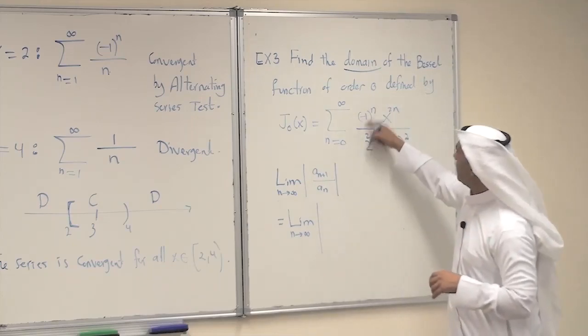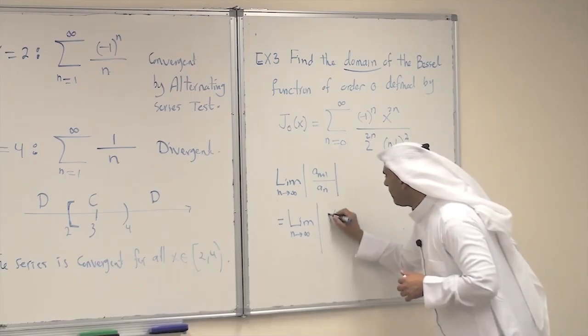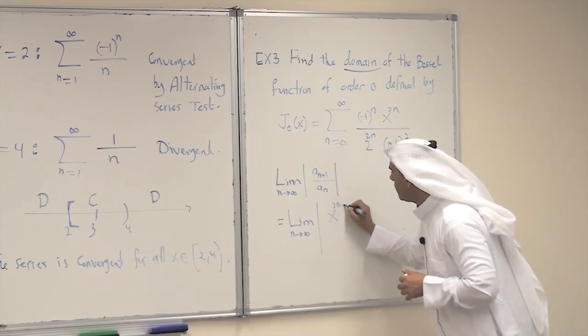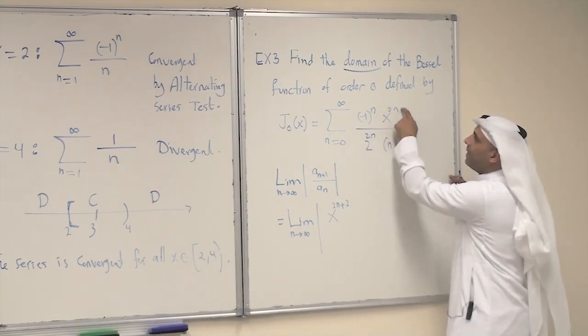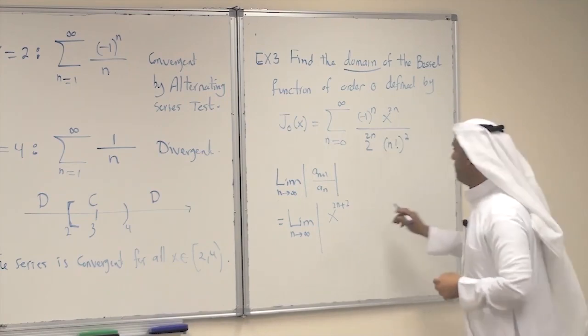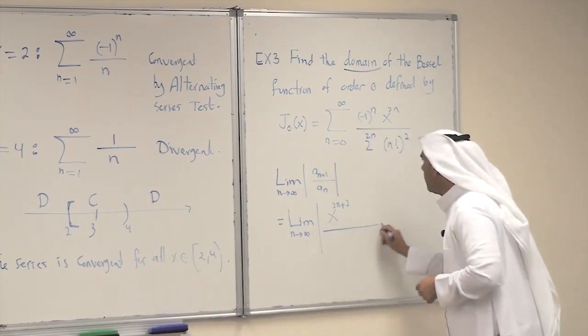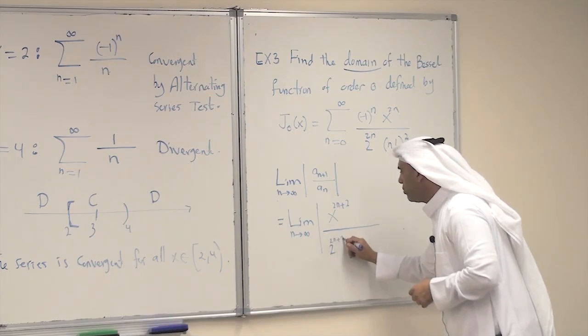I will forget about the minus 1 because it will be killed by the absolute value. I have here x to the power 2n plus 2. Why? Because I am replacing n by n plus 1. So it will be 2n plus 2. Fine. Divided by the same thing you do for this, 2 to the power 2n plus 2.